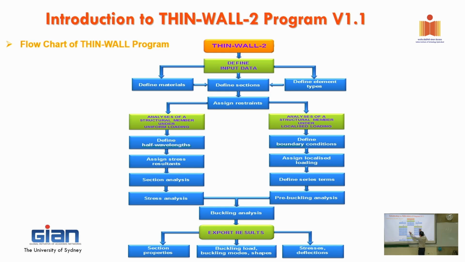At the end, once you put all the inputs in the program and tell THIN-WALL-2 what you want to analyze, you run the buckling analysis. From the buckling analysis, it gives you some outcomes: buckling load, buckling shape, and a signature curve.